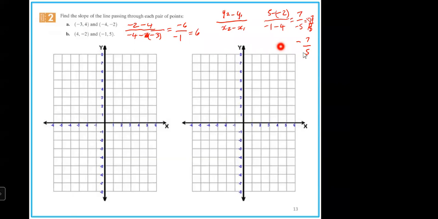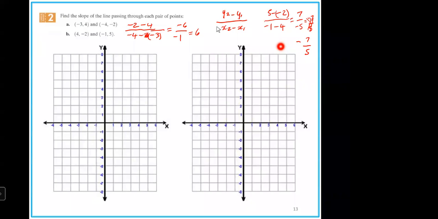Your horizontal movement is always basically positive, and the vertical is either negative or positive. If the numerator is negative, we're moving down. If the numerator is positive, we'll be moving up. So of course, this line will be sloping downwards, and this one will be sloping upwards because that's +6.